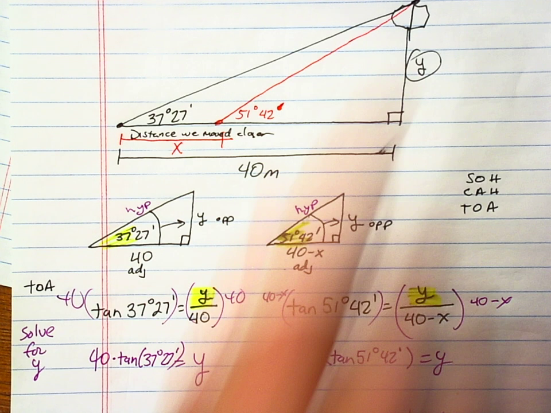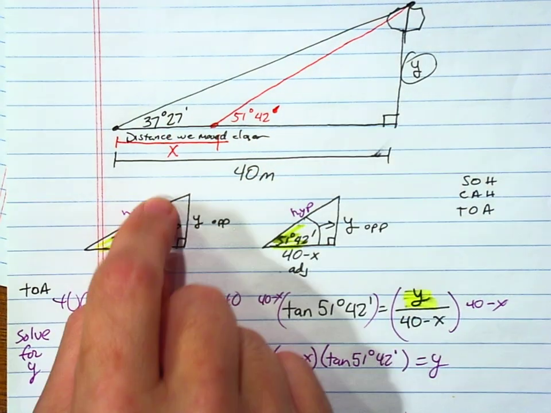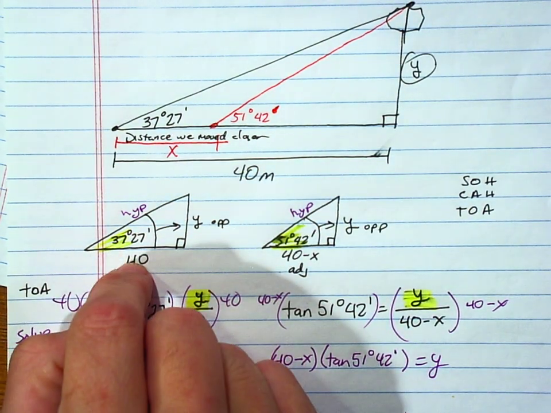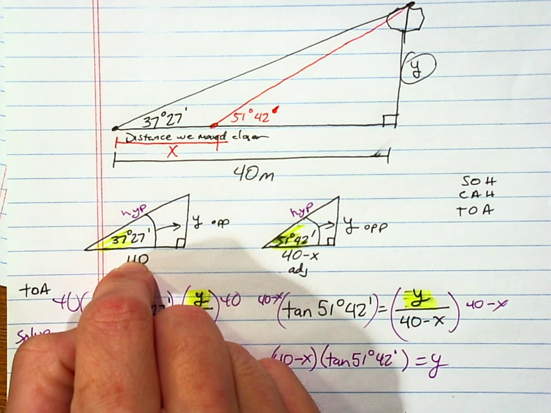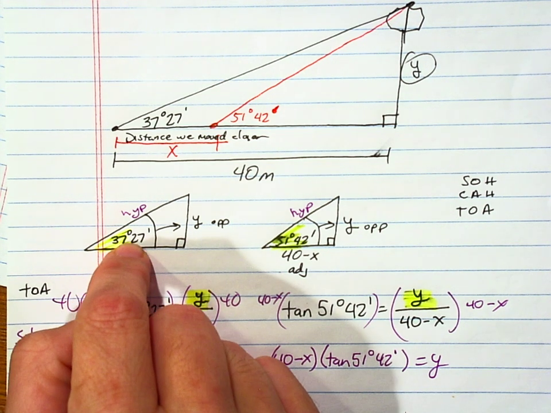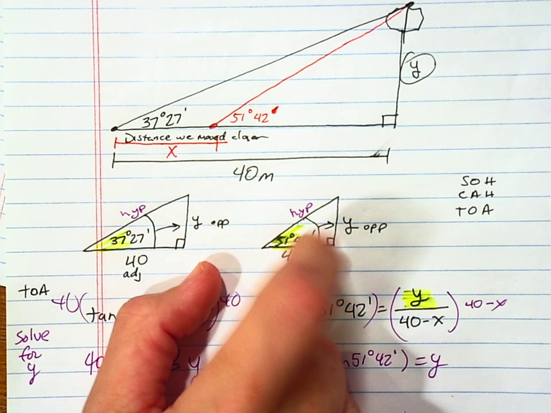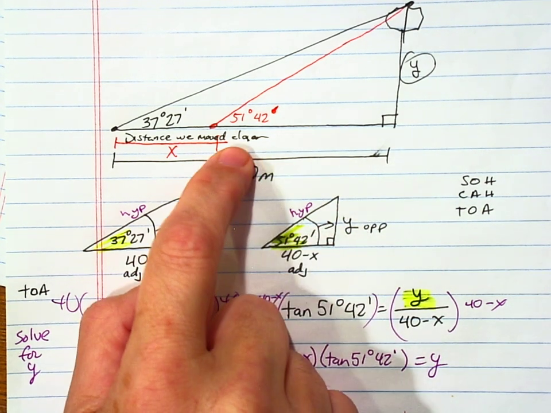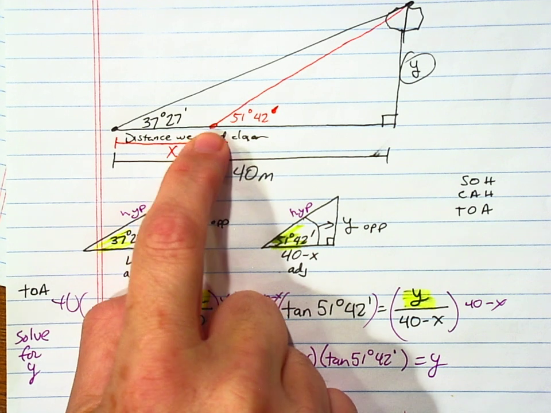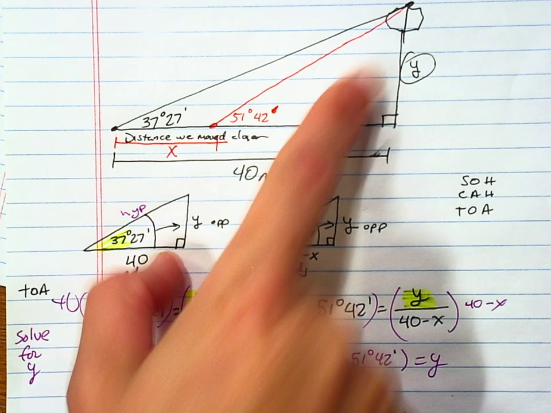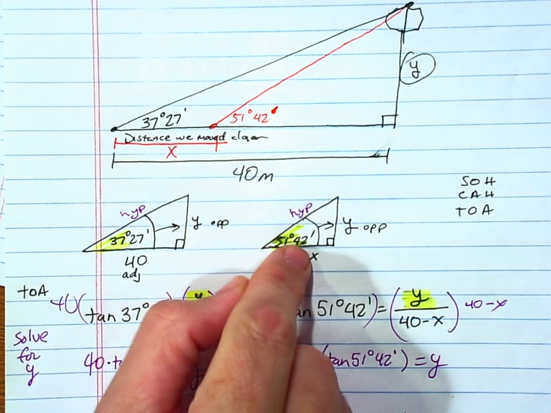Broke down this situation into two right triangles. The first one is our original, which was 40 meters away. That was our 37 degrees, 27 minutes. And then drew a second right triangle for our second situation. When we stopped after we walked, we have a new angle of elevation to the top of the tree, 51 degrees, 42 minutes.